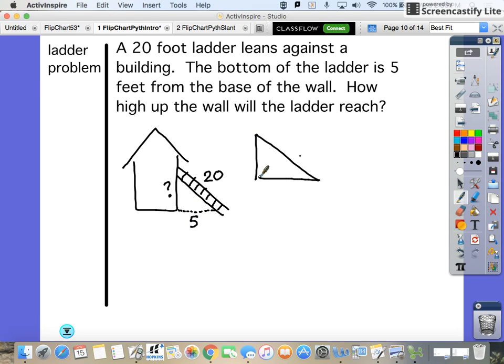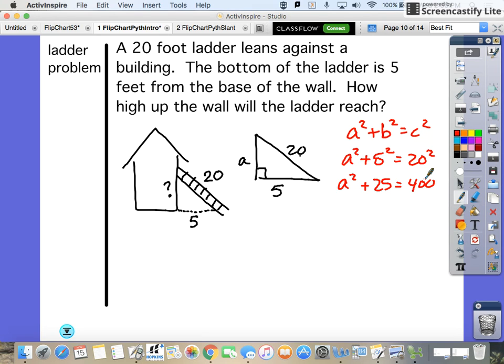We've got a triangle here because the building needs to have 90 degrees with the ground. So we've got 5, 20, and we'll just call that A. So right triangle, we need to find a side, so we'll use the Pythagorean Theorem. A squared plus 5 squared equals 20 squared. This is 25 and 400. We need a minus 25 on both sides.